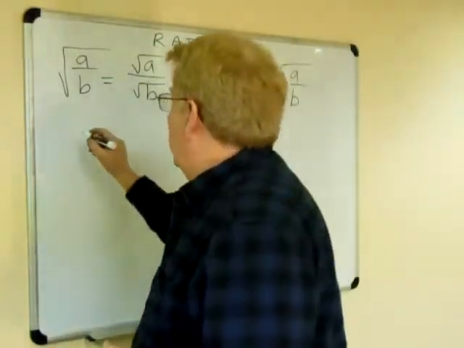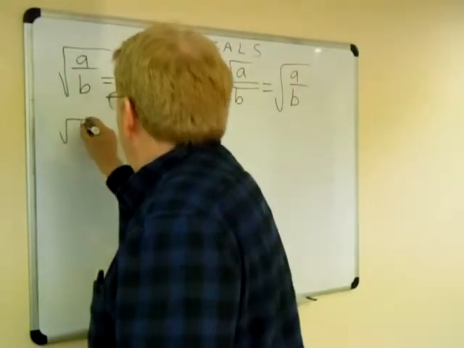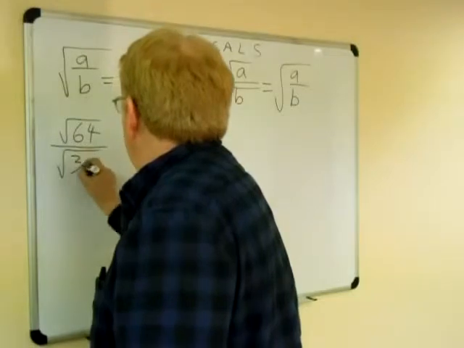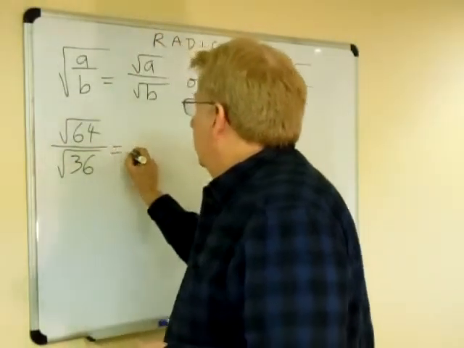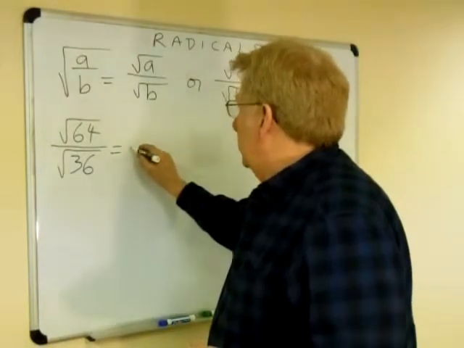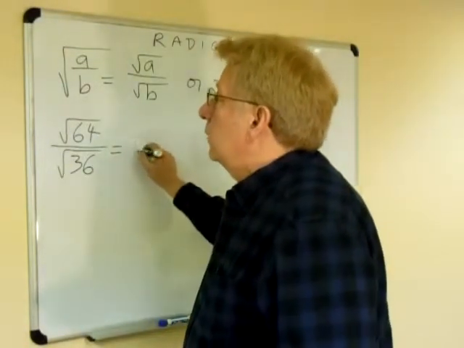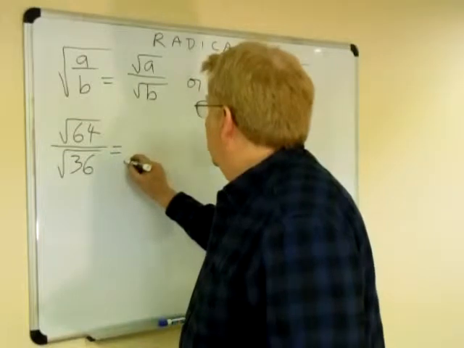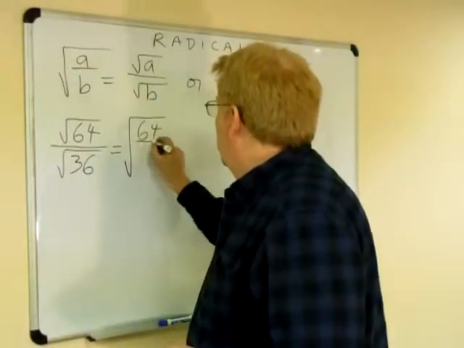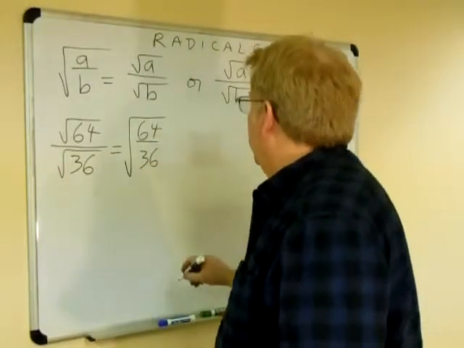Let's take a few examples. If we have the square root of 64 over the square root of 36, that's the same as the square root of 64 over 36.